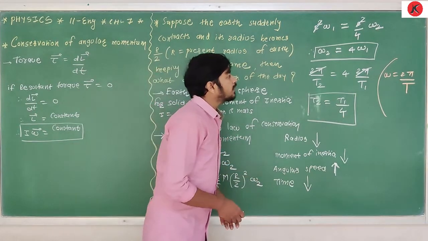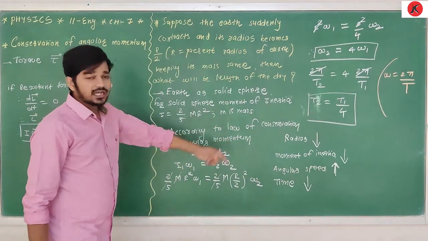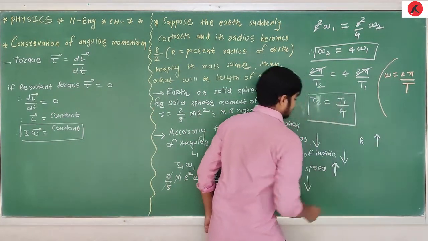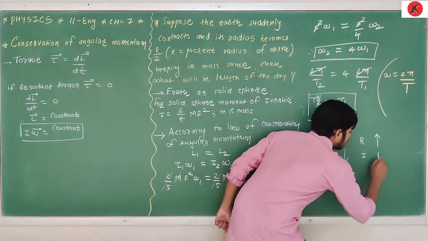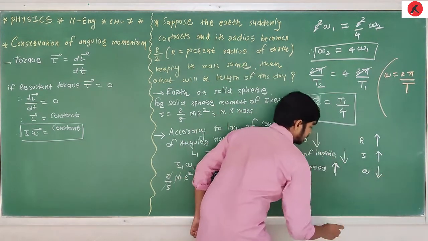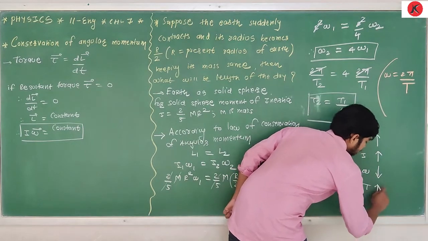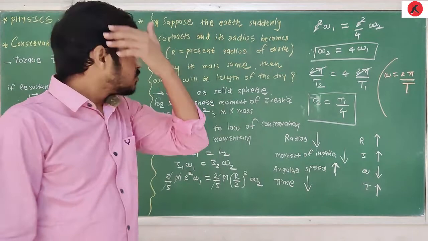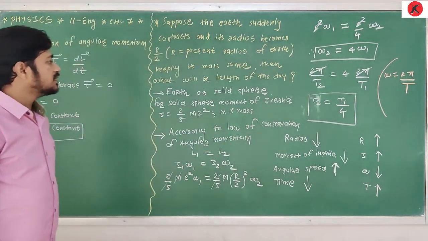You can also remember it another way. If radius increases, then moment of inertia increases, then angular speed decreases, and then time increases. Clear about this? So yes, you have to remember this one.